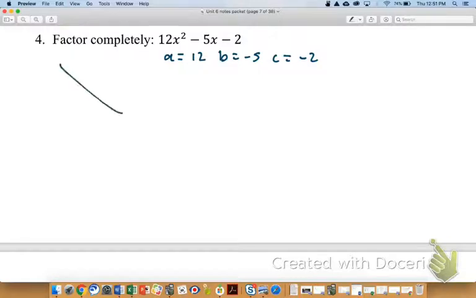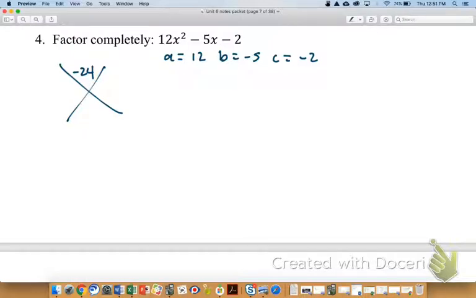Okay, so then Sebastian, do you know what goes in top of the x? No. Sorry. It's not A. I'm asking Sebastian what goes up here on the top. It's not A, it's not B, it's A times C is correct, Bree. So, Sebastian, A times C is negative 24.